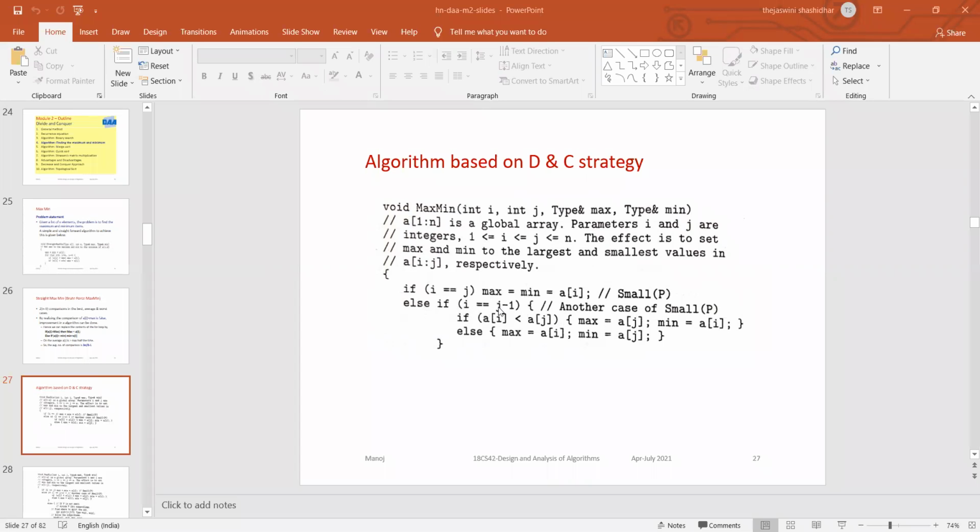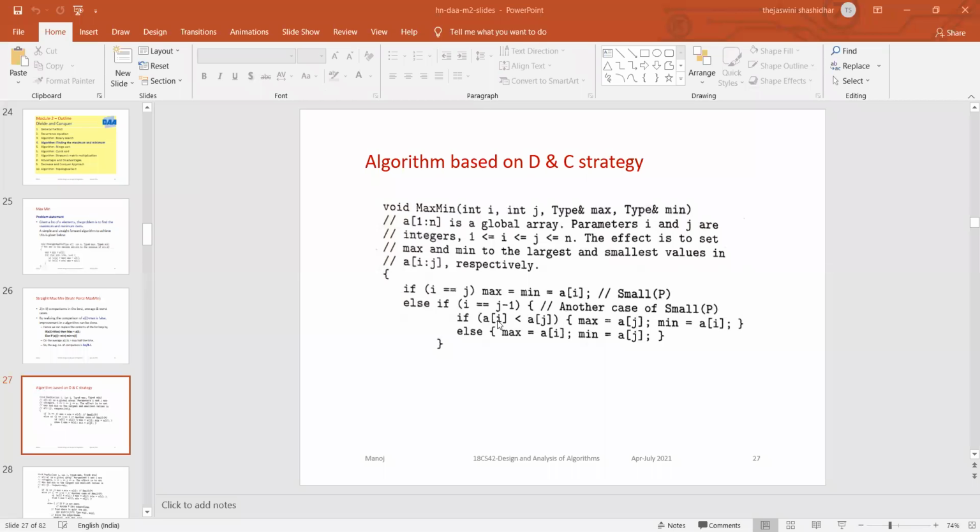If there are two elements, you can't divide, just as with one element. So at that time, you write: if A of I is less than A of J.